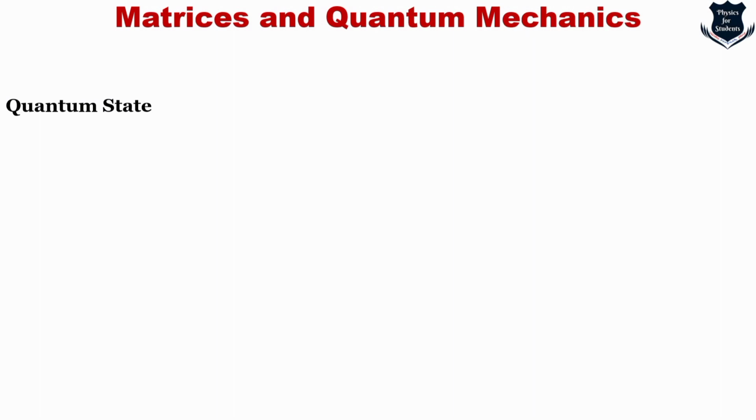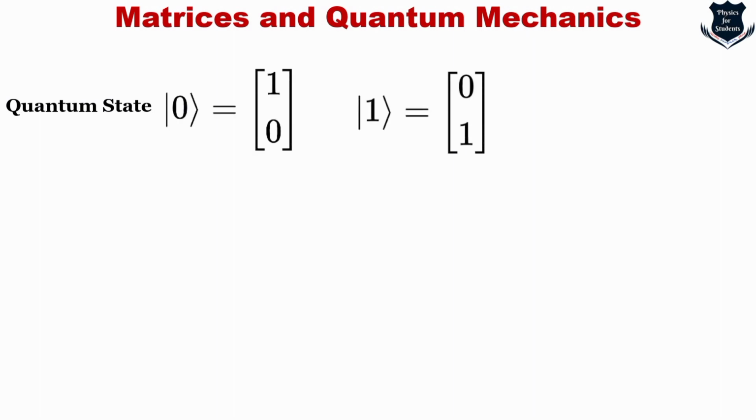The quantum state is written as this, with 0 as the column (1, 0) and 1 as the column (0, 1). These are written by the convention of Dirac's bra and ket notation. These two orthonormal bases together comprise what we call a Hilbert space.